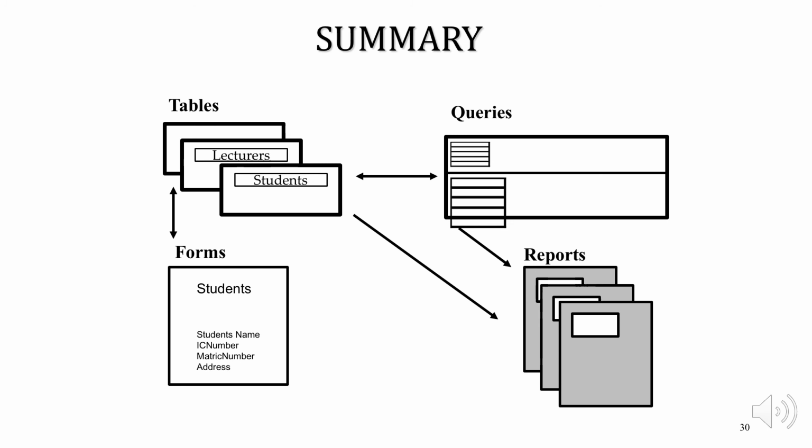So after you already insert the records, dah ada semua record about the lecturers and the students, baru you buat queries. Okay, a query is actually based on what you want, the specification from the records of the table. Let's say you want to list down the students from Negeri Sembilan.